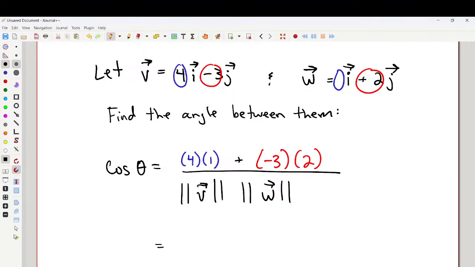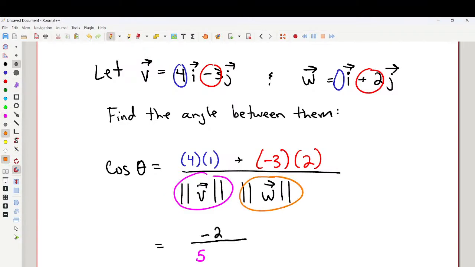To find the angle, first set up cosine. Find their dot product. Just to remind you, horizontal components, 4 times 1 plus negative 3 times 2. So we have 4 plus negative 6. That's negative 2. And divided by the product of the magnitudes. 4 squared plus negative 3 squared is 25. Take its square root. All of this becomes 5.